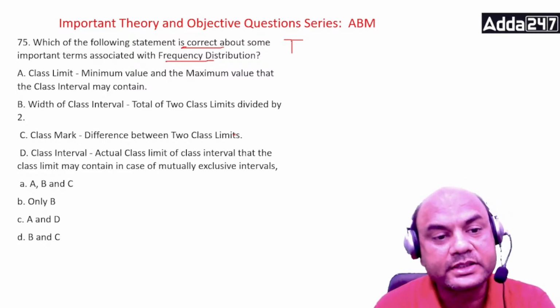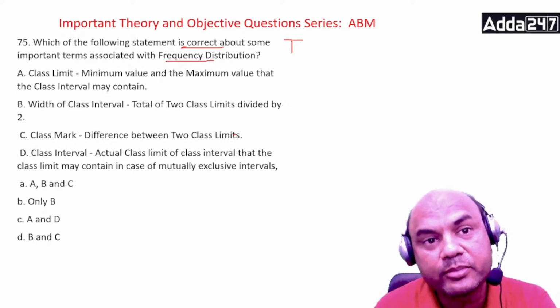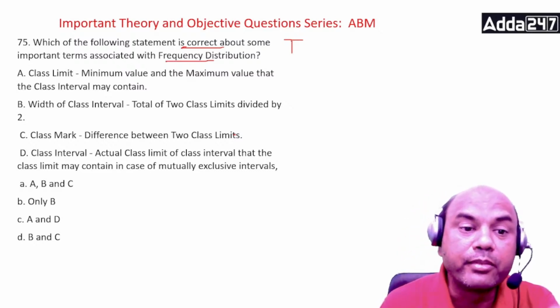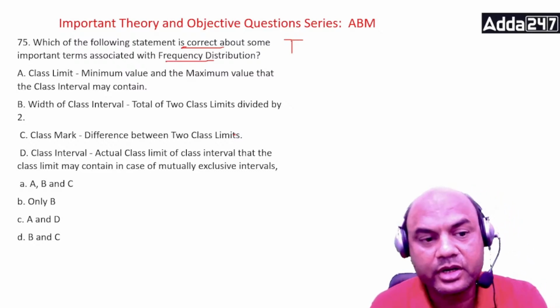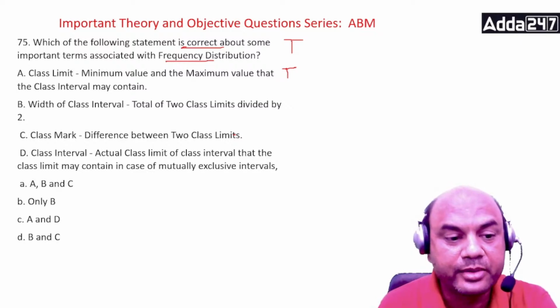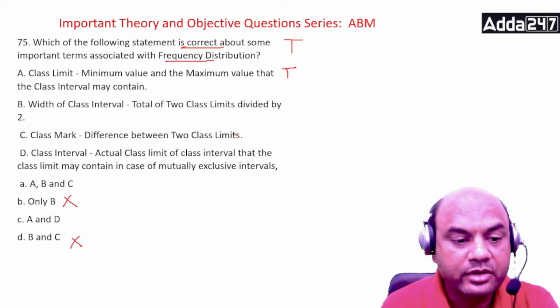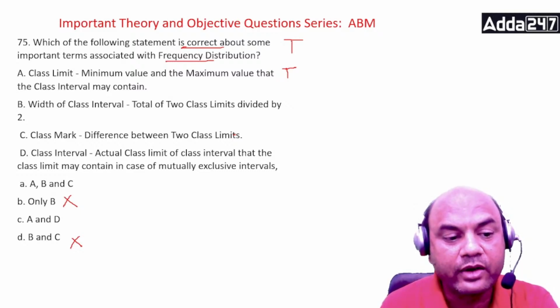Class limit means the same: minimum and maximum value that a class interval may contain. Got it? So A is true, I will mark it as true. Now what can be answers? A, B, C, only B is out. So now the answer is only A or C.